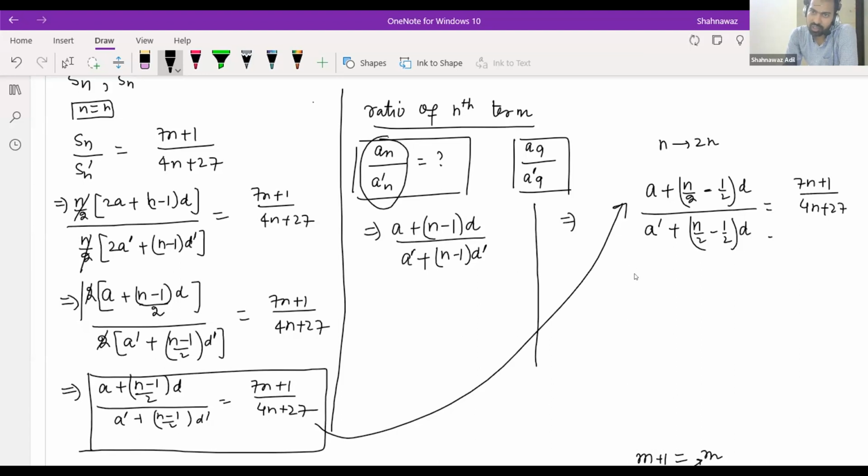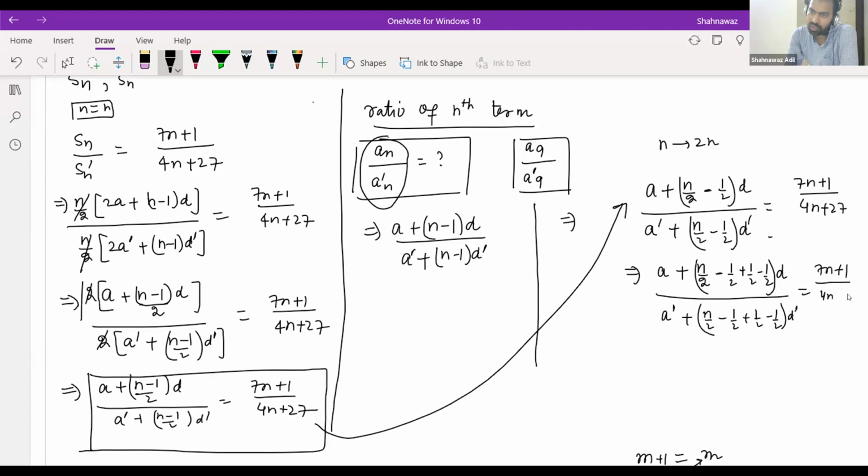So this would be a plus (n plus 1) by 2 minus 1 into d, and a prime plus (n plus 1) by 2 minus 1 into d prime.